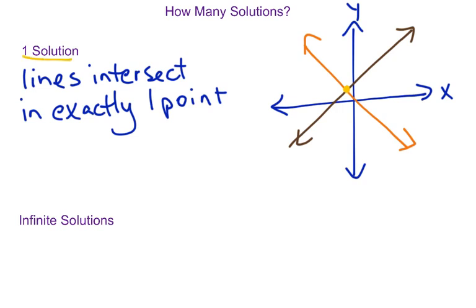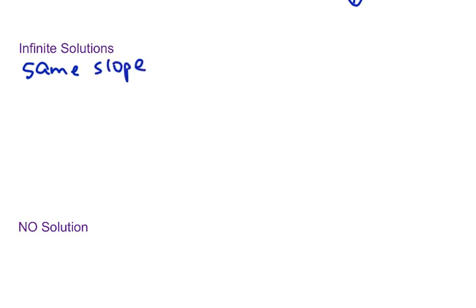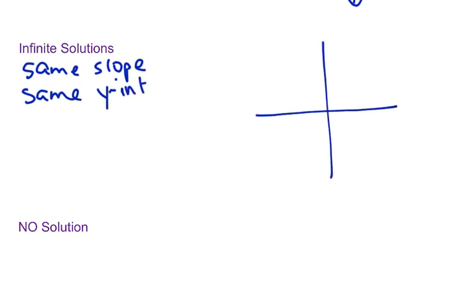Okay. Now, an infinite number of solutions happens if your equations or graphs have the same slope and the same y-intercept. Okay, so here we have an example. This is our x and our y.